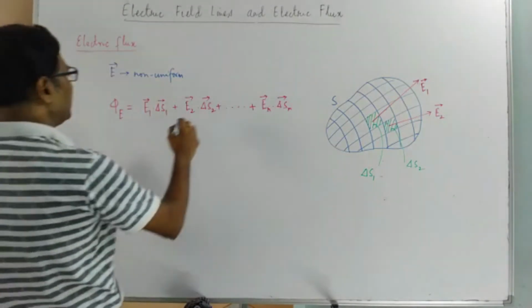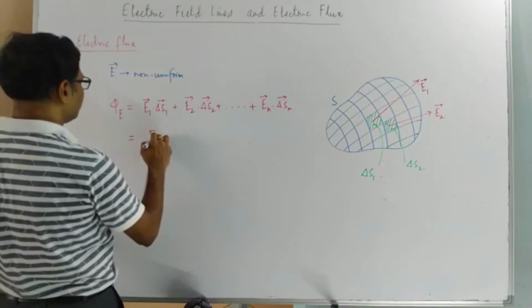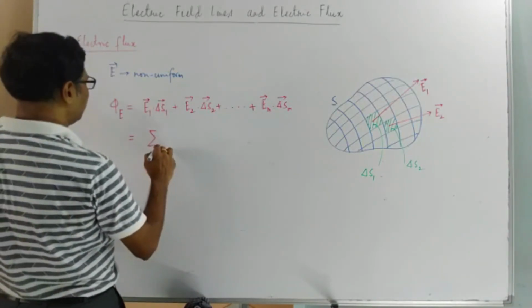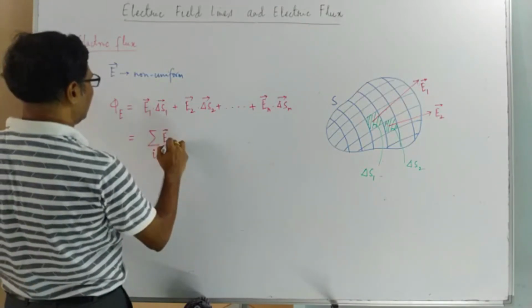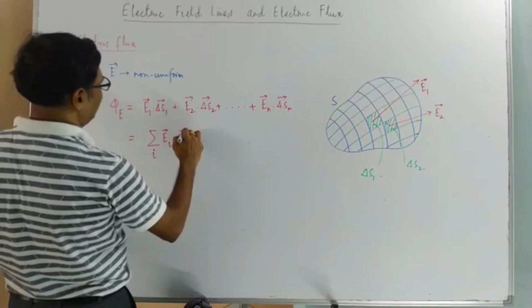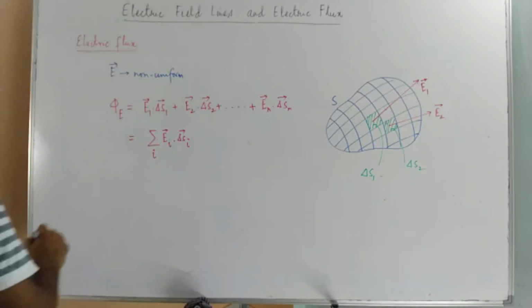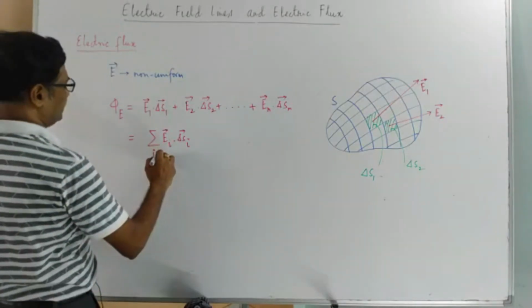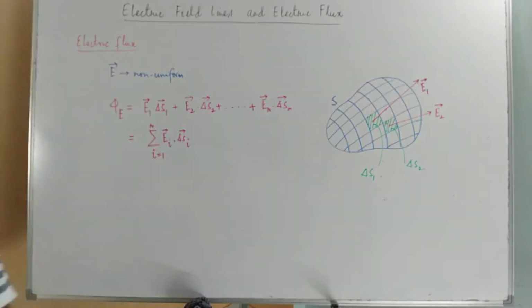We can also represent this using a compact notation. It can be represented as the summation of Ei dot delta Si, where the summation takes place over i, and i can vary from 1 to n.